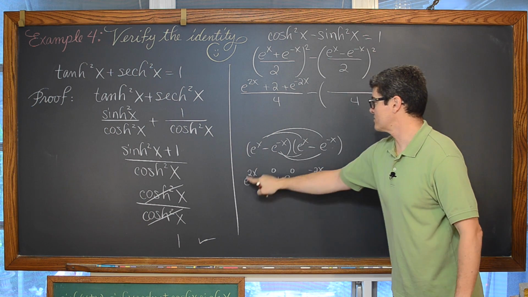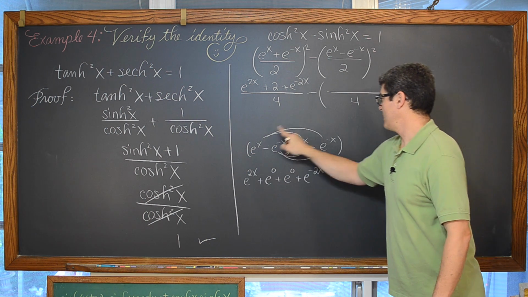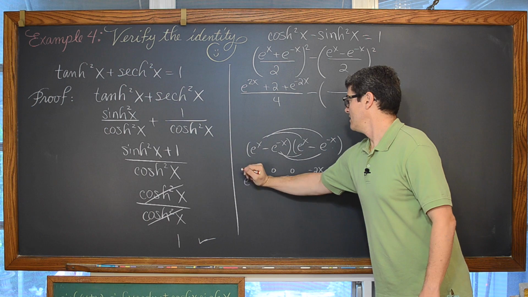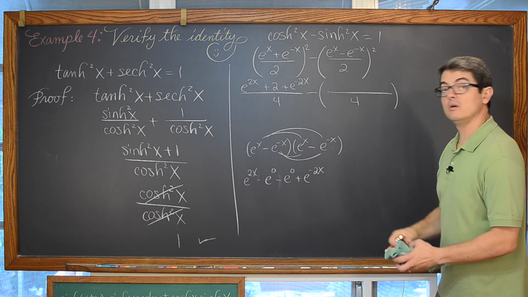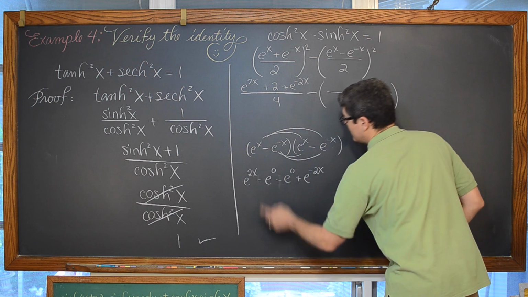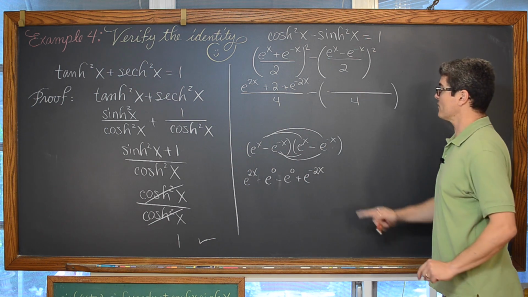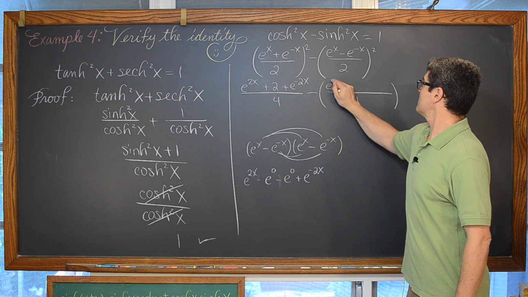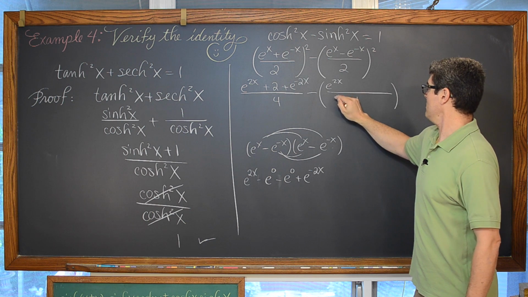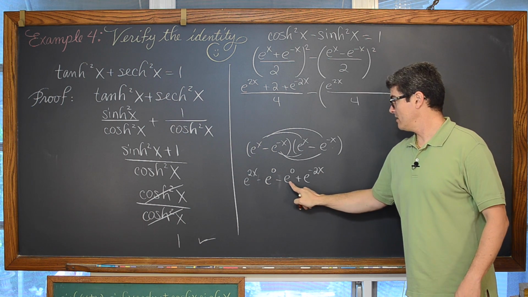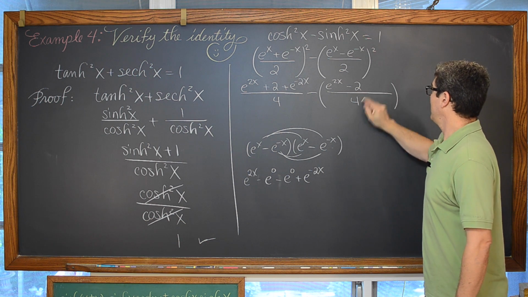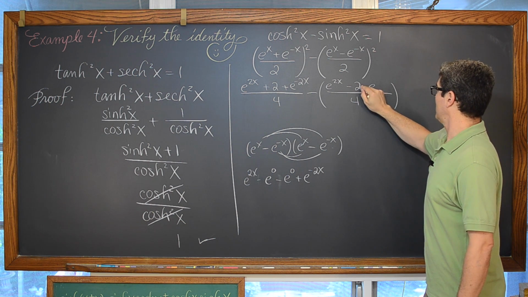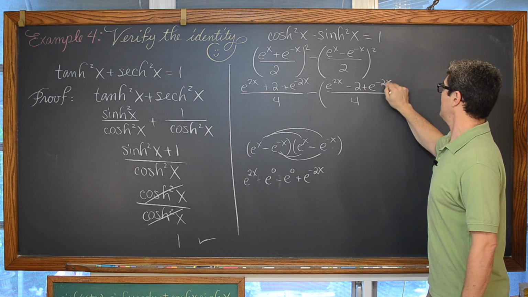We're still going to have e to the 2x. Then we're going to have minus e to the 0, and another minus e to the 0. And then still, negative times negative is positive. So over here we have e to the 2x power. This is 1, this is 1, so negative 1 and negative 1 is negative 2. And then plus e to the negative 2x.